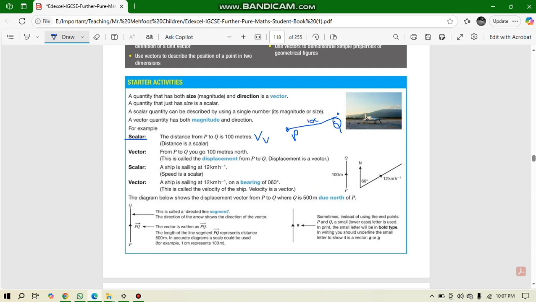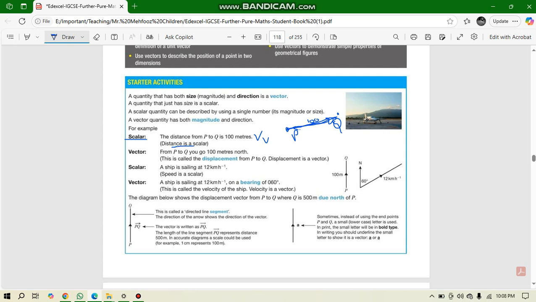So it means that there is not any direction. The distance can be measured this way as well as this way. From P to Q is also 100 meters, from Q to P is also 100 meters. So there is not any specific direction, so it is a scalar quantity. Distance is a scalar, right?